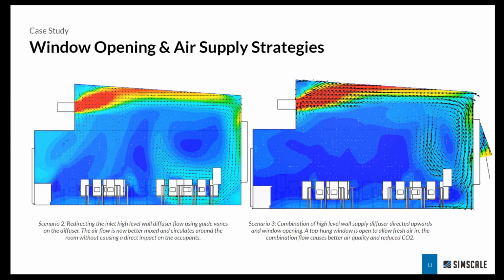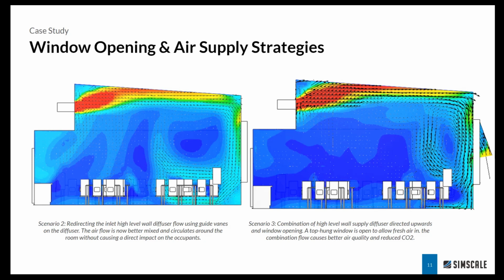As you can see on the left, the best and optimized HVAC inlet was a high wall diffuser utilizing guide vanes, which pushes the inlet air to the ceiling, and then the air hits the wall and circulates inside the room.